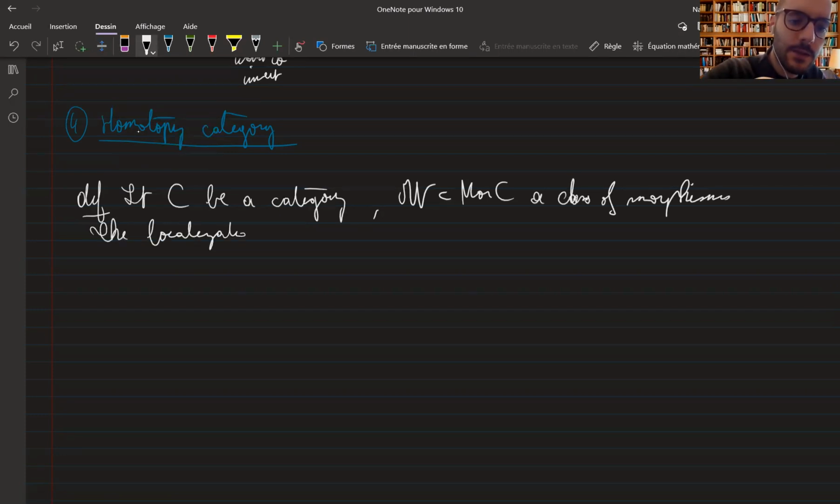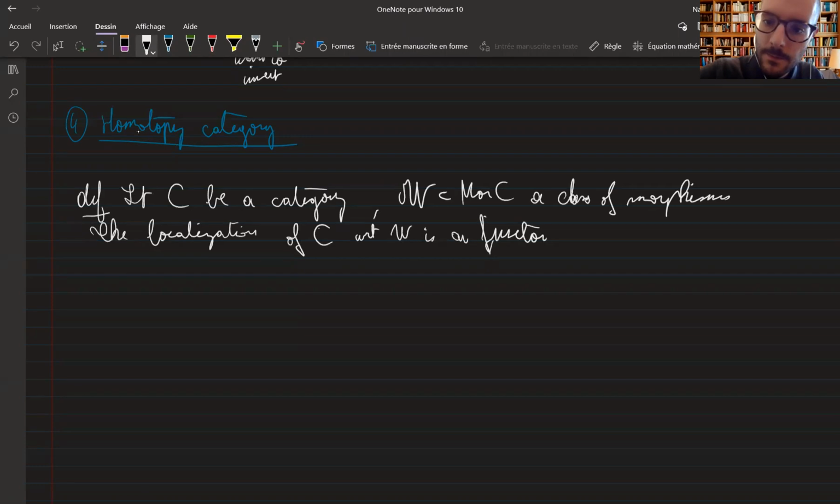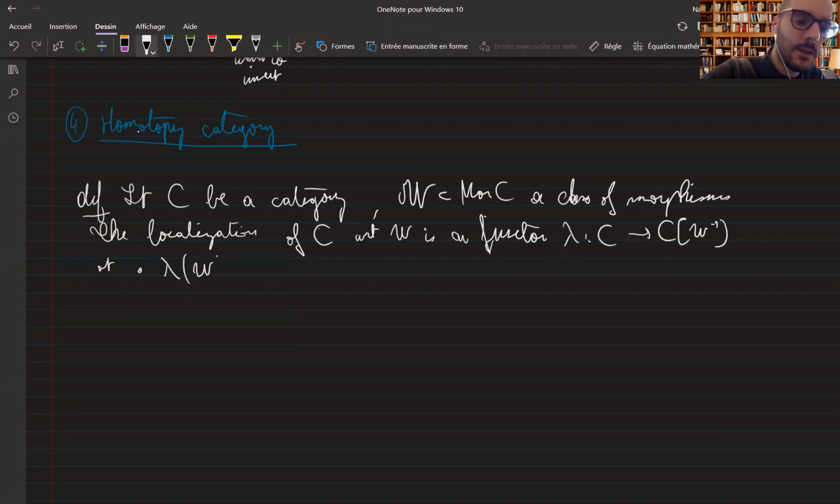The localization of C with respect to W is a functor lambda from C to another category, which is usually denoted C[W^-1], such that, first of all, lambda sends elements of W to isomorphisms.